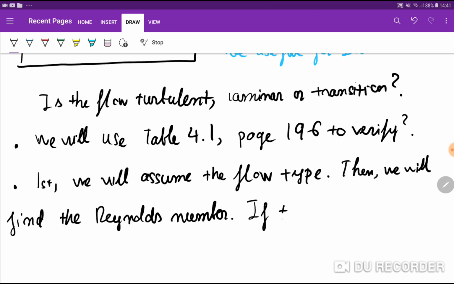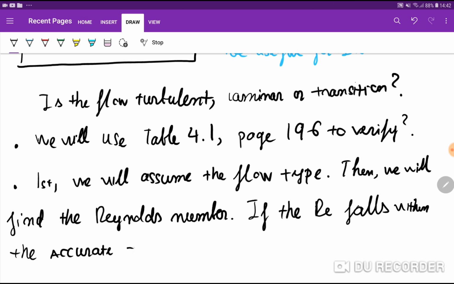If the Reynolds number falls within the accurate interval, our assumption is correct.